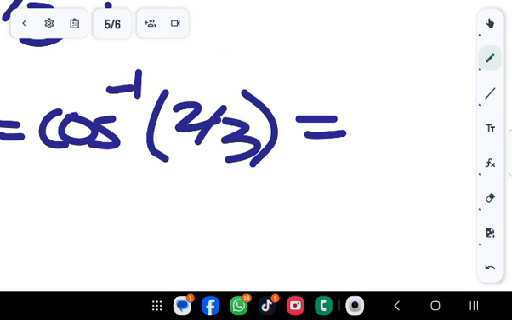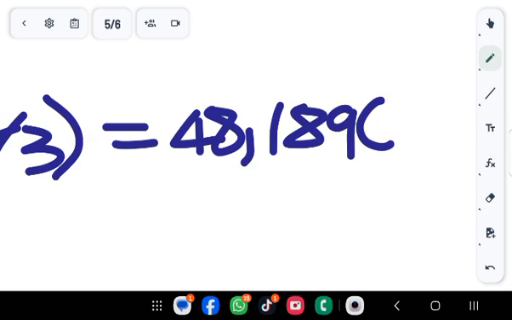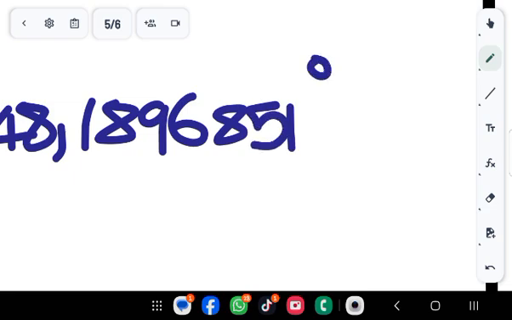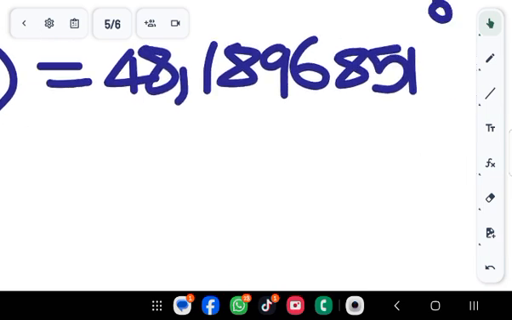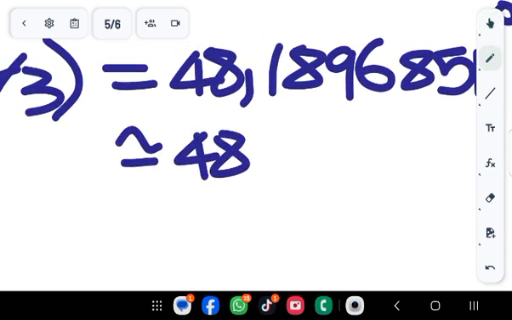That will give you 48.189685 degrees. If you round off correct to 1 decimal, that is approximately 48.2 degrees.